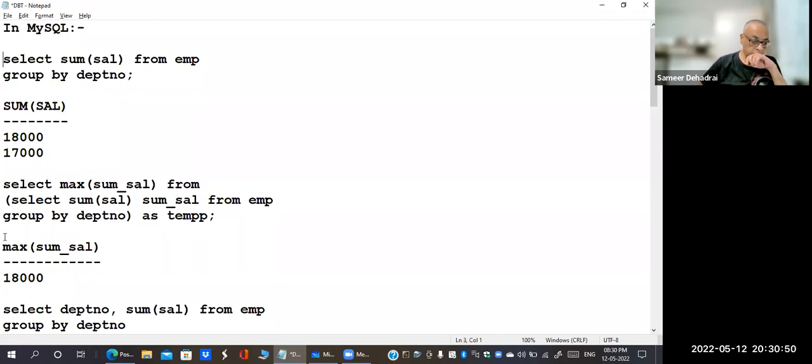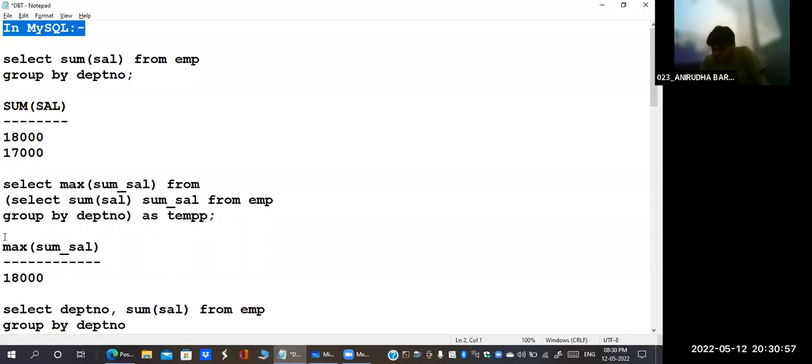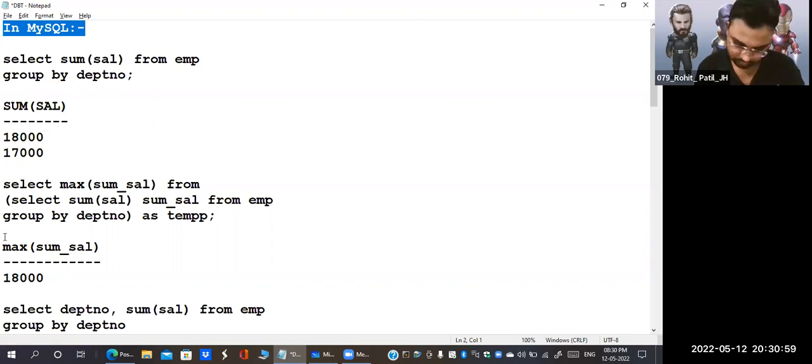Shall I scroll down? Solution for MySQL. Yes, sir.